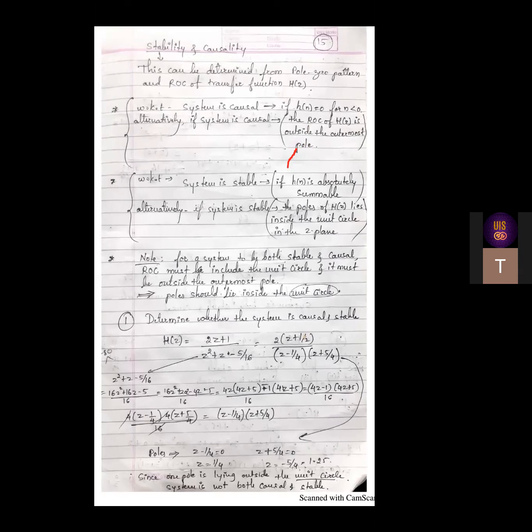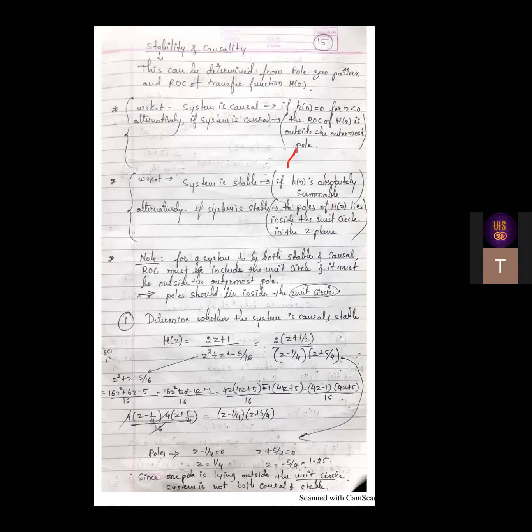Those three are causality, stability, and both together. Individually, whether the system is causal or not, we have a certain condition. Individually, whether the system is stable or not, we have a certain condition. And causality and stability together also have a certain condition in the case of Z transform.